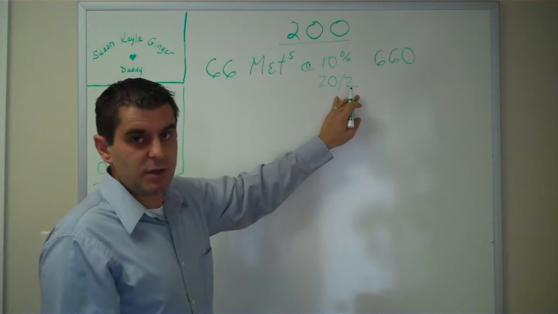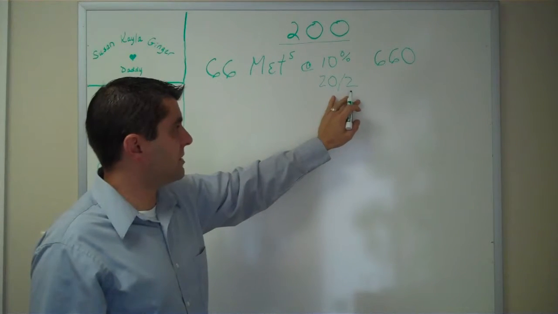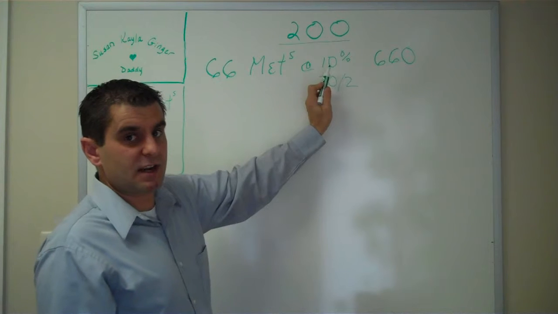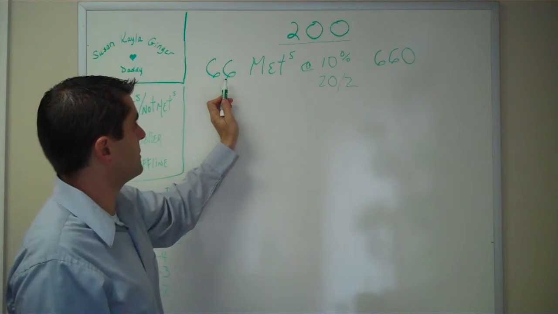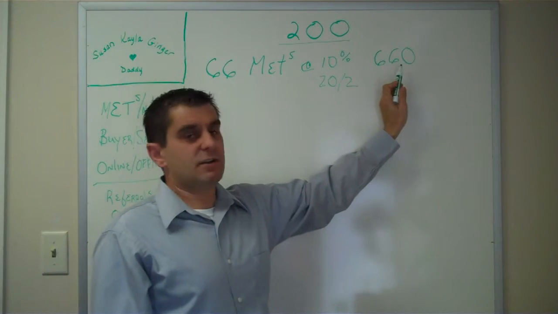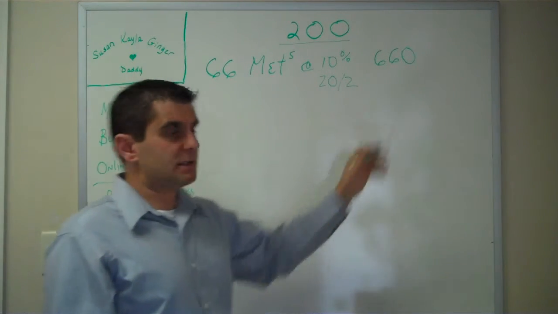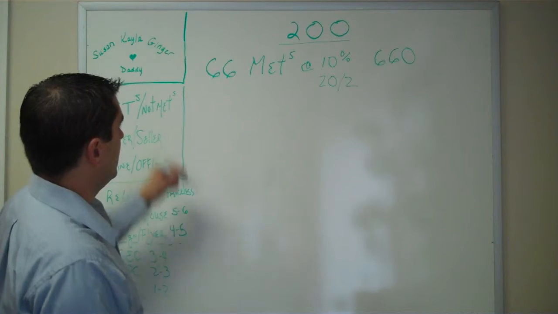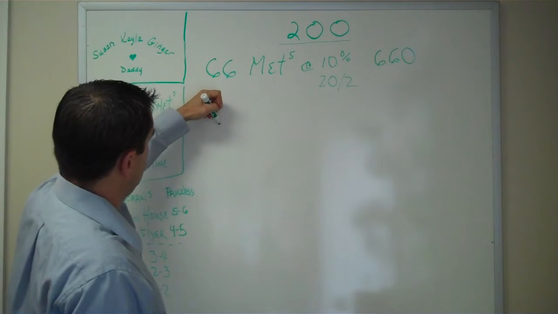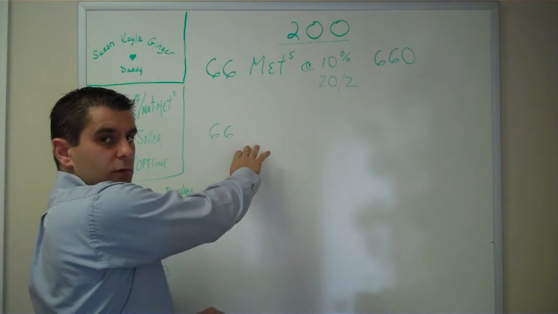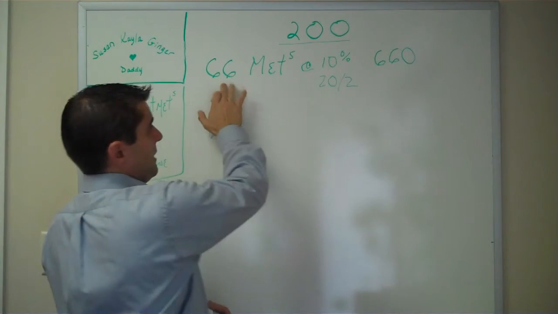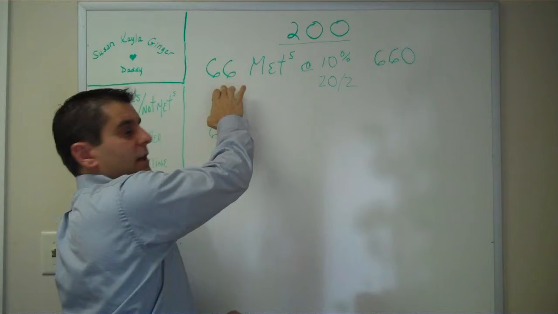And then 1 out of 20 people refer you over the course of a year. So that's your 10% conversion ratio. So to sell 66 homes, you need to have a 660 Met database that would use and refer you. To get the next 66 units, again, half of these would be buyers, half would be sellers.